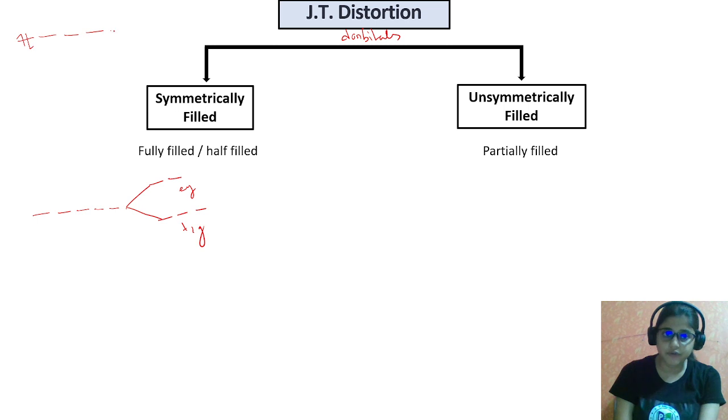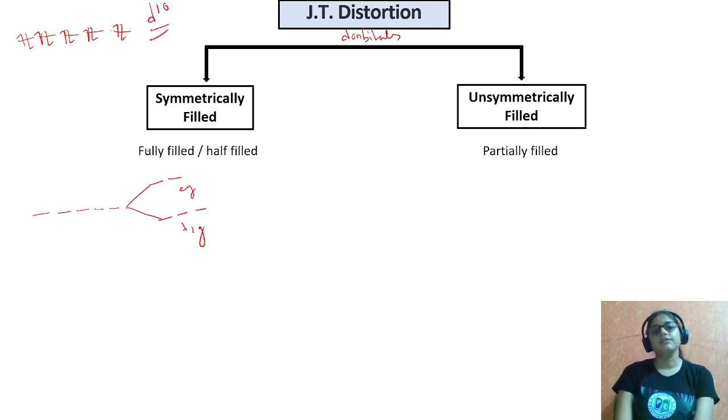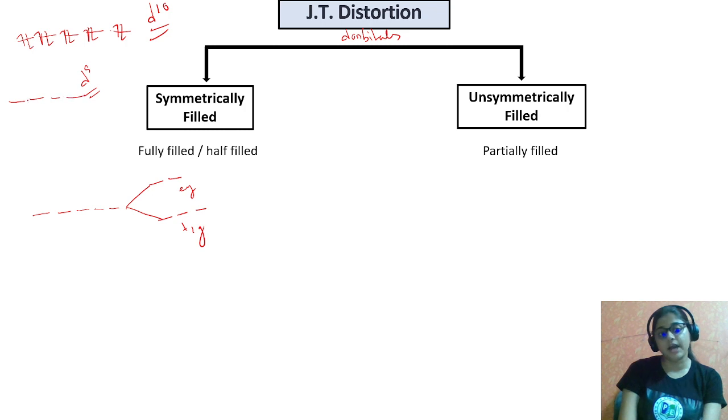So 1, 2, 3, 4, 5, and 1, 2, 3, 4, 5, 6, 7, 8, 9, 10. This d10 configuration we call fully filled. When we say half filled, d5 high spin, every orbital should have 1 electron each. So this is symmetrical, right?